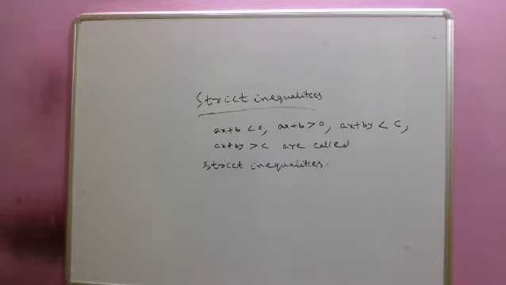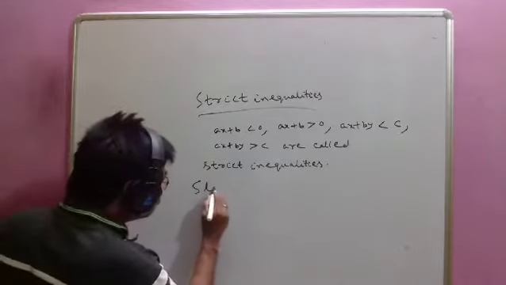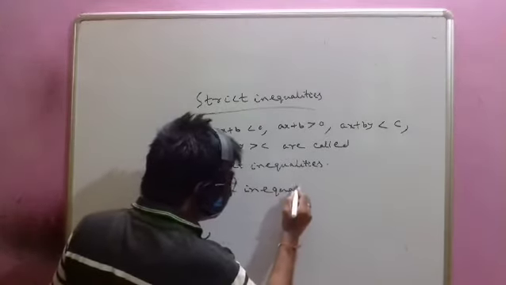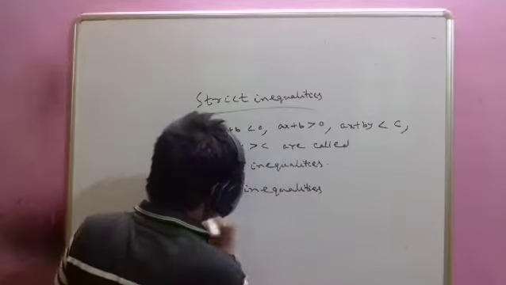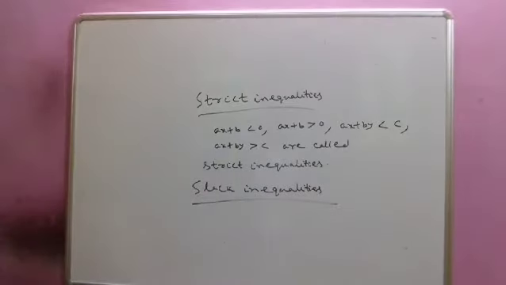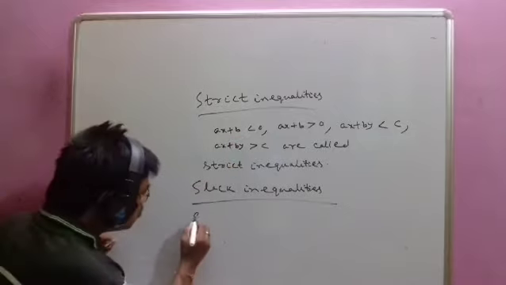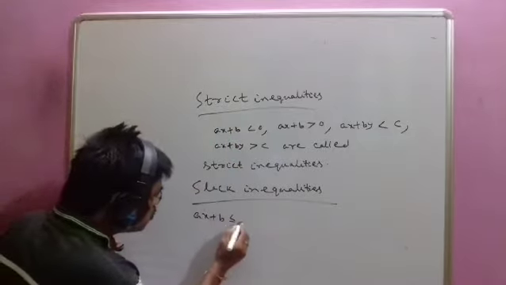Then after that you write down slack inequalities. So what do we mean by slack inequalities? Under slack inequalities, you see here x plus b less than 0; suppose I write x plus b less than or equal to 0.